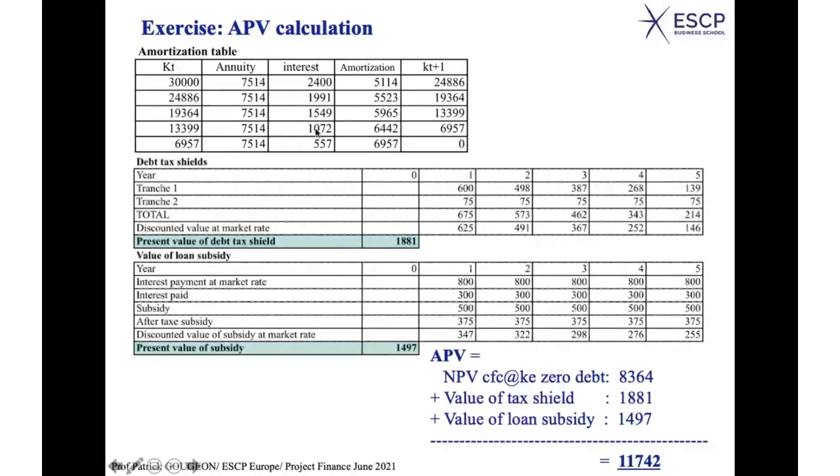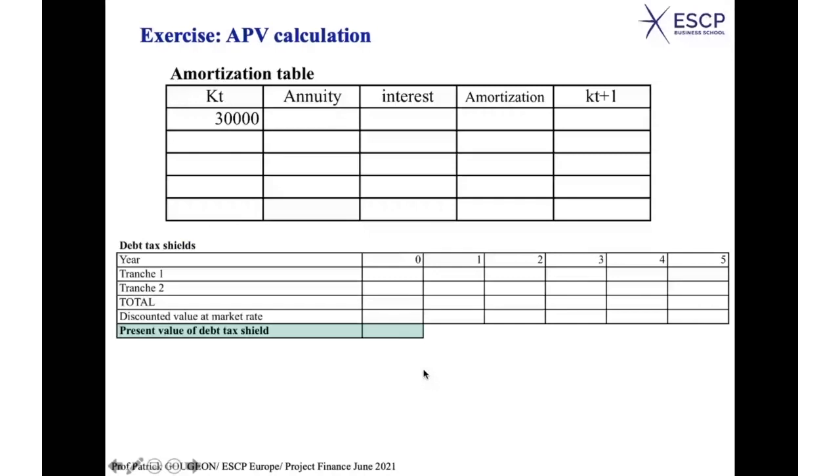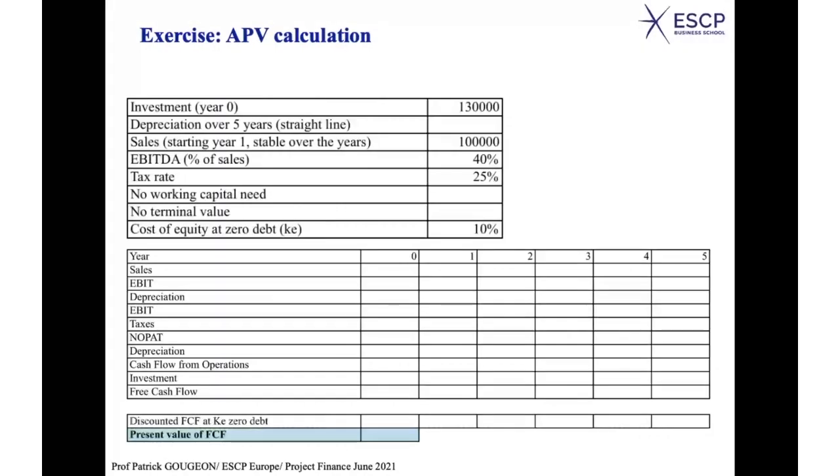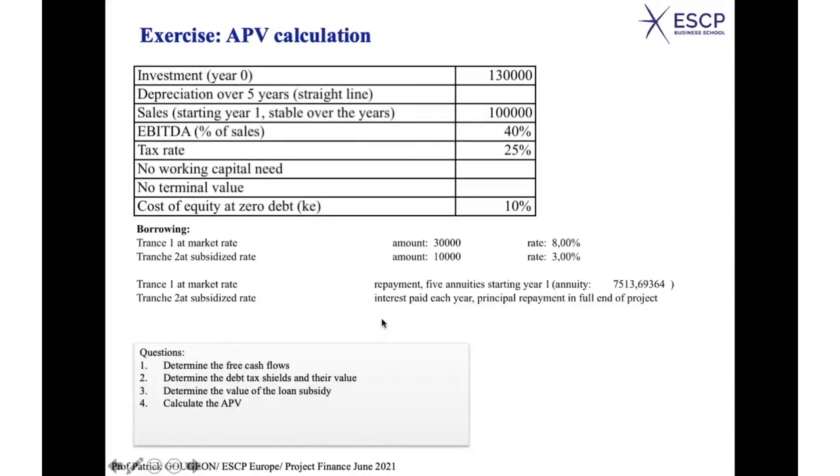Okay, what about the tranche 2? Tranche 2, you have an amount of a loan, which is, I don't remember exactly how much it was. So you have a 10,000, and I think the rate was 3%. Excuse me, I have to come back to remind myself of the rate. The subsidized rate is 3%.